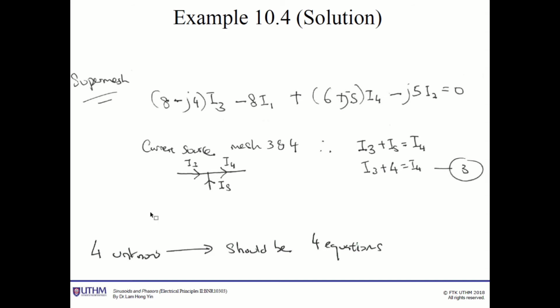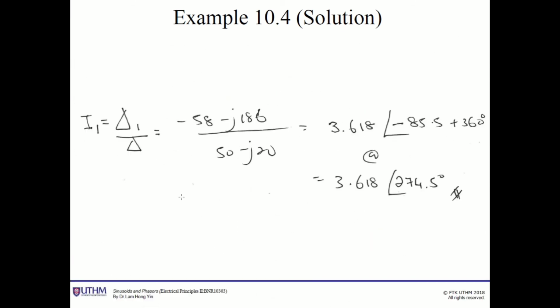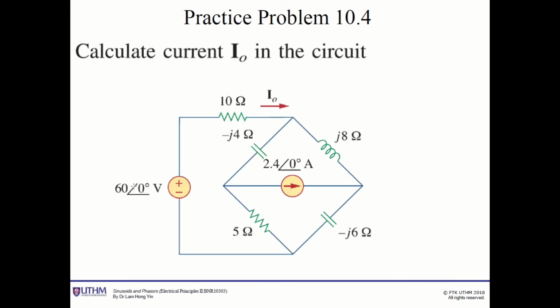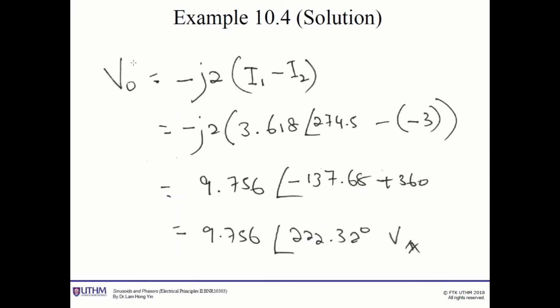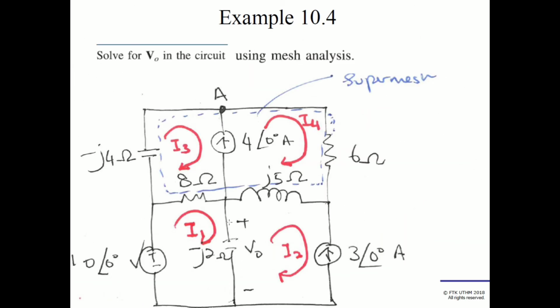So now we got 4 equations with 4 unknowns. We can use Cramer's rule, or a website calculator with 4 unknowns, to get I1 to I4. So this is the answer for I1 to I4. However, we want to find V0.